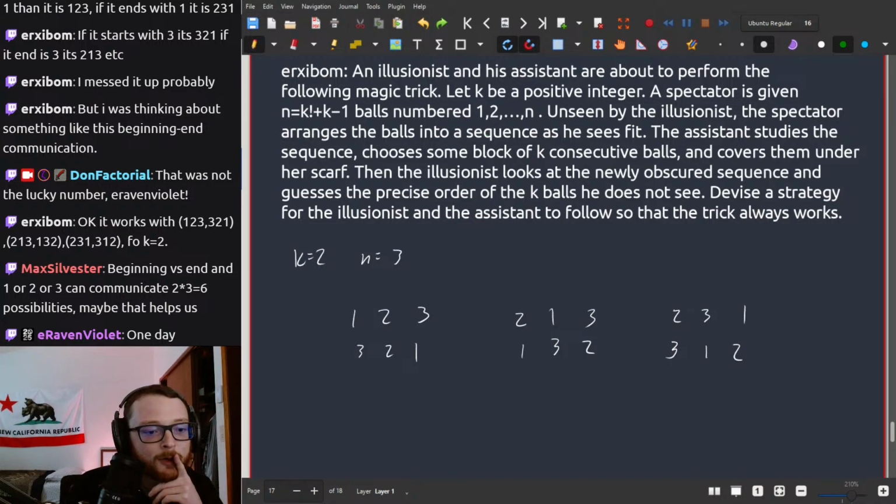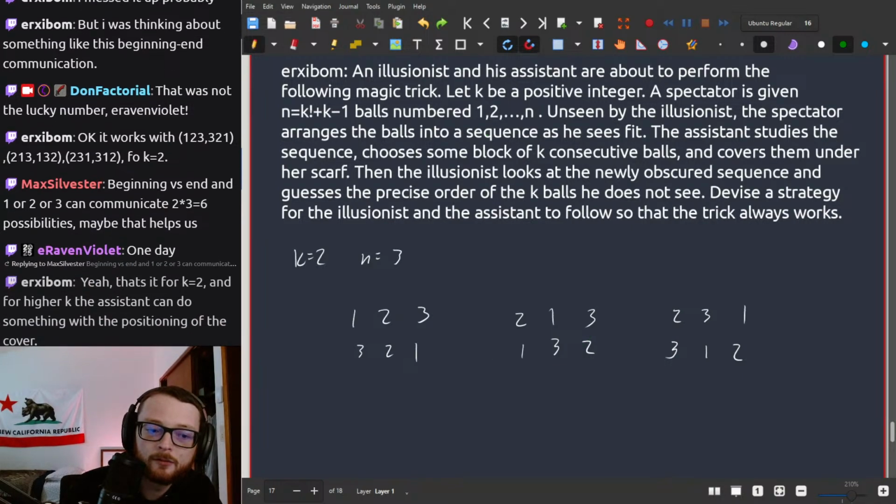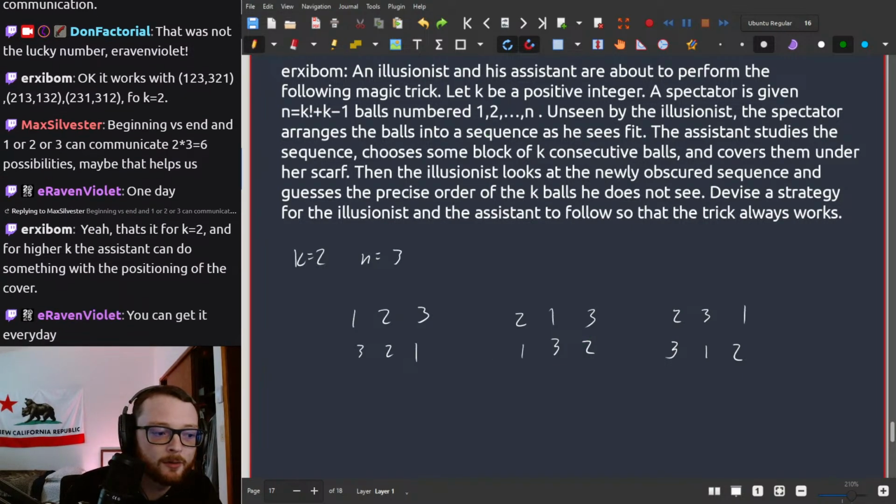So if we start with a 1, we've agreed it's 2, 3. If we end with a 1, we agree it's 3, 2. If we start with a 2, we agree it's 1, 3. If we end with a 2, we agree it's 1, 3. It's interesting, that's like a repeating thing.